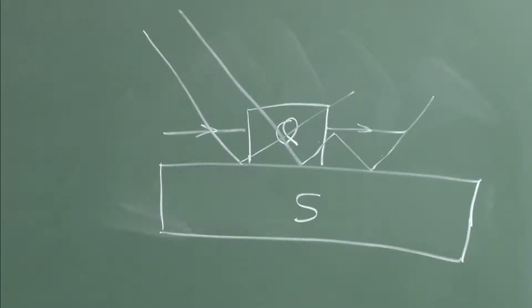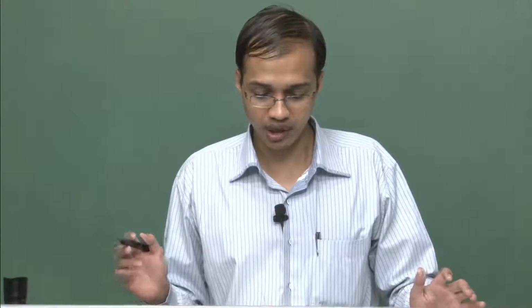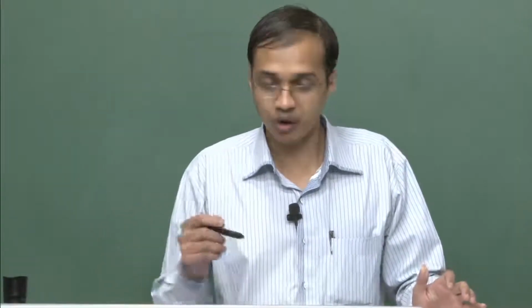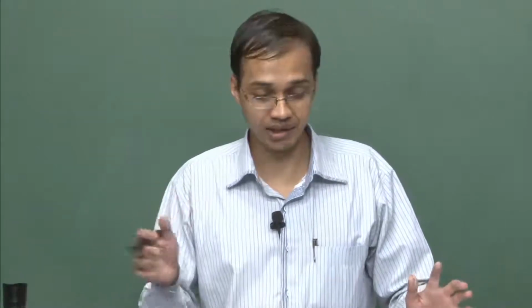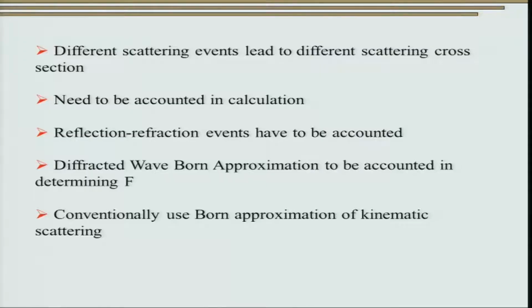Now, this is very complicated and I am not going to touch upon it, but these corrections considering all these events are accounted for in what is known as the distorted wave Born approximation, and it includes the entire category of reflection and refraction events that can occur during grazing incidence small angle X-ray scattering.